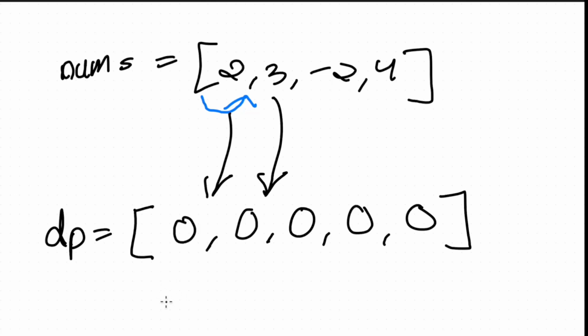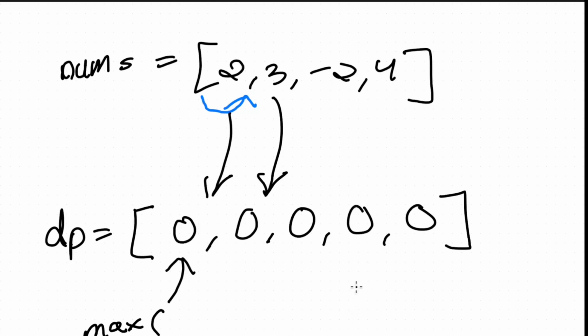So say for example, we're at the first index, we could calculate the max at this index. So 2, the only thing here is 2, right? There's nothing to multiply it from previous.